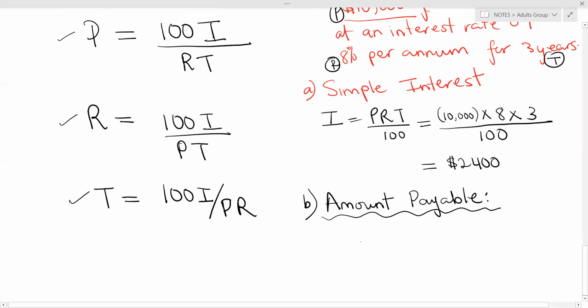Now in this case, the outstanding balance plus the interest. Yes. So in this case, the outstanding balance is the principal. So your amount payable is your principal plus your interest. Because remember, we are not making a down payment or anything like that.